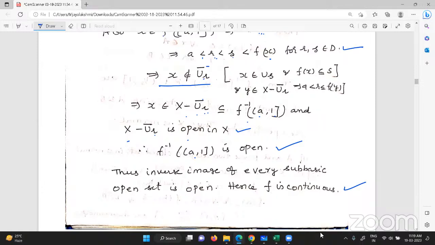In your material, Urysohn's lemma he has given in a different way.